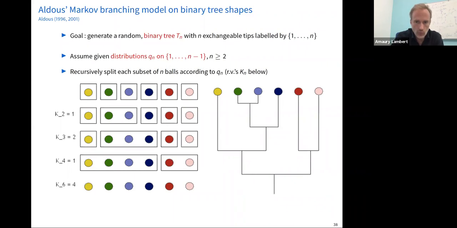You draw some variable k6 according to the distribution Qn. You find 4, and then you randomly sample uniformly 4 of these balls. You put them into one box, and the 2 others into another box. And you do that again and again, independently, until every colored ball is in a different box.